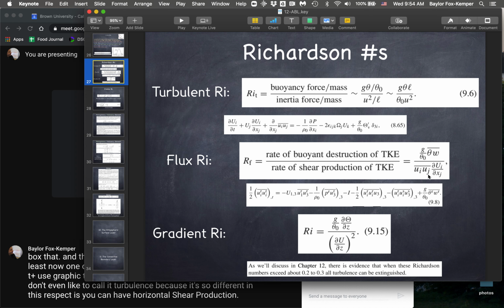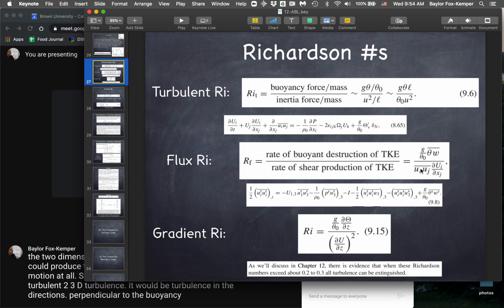So if i and j are in the horizontal and the gradients are also in the horizontal, then that would be something like the two-dimensional Rayleigh criteria that we saw before. You could produce turbulent kinetic energy without any vertical motion at all. So it could still be turbulent, but it wouldn't be 3D turbulence. It would be turbulence in the directions perpendicular to the buoyancy.